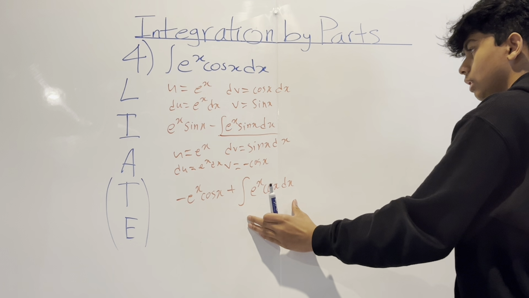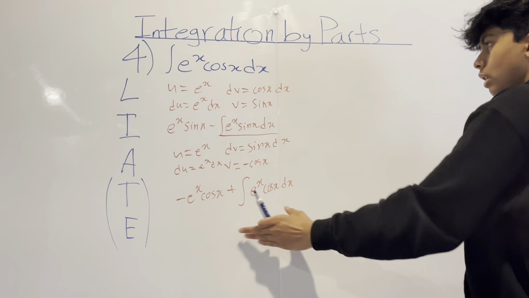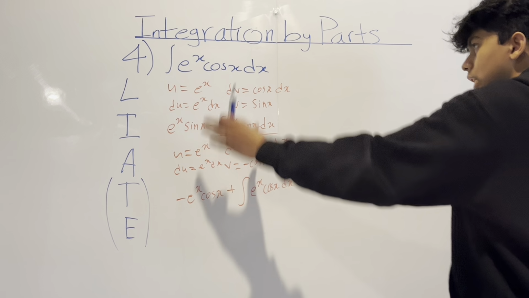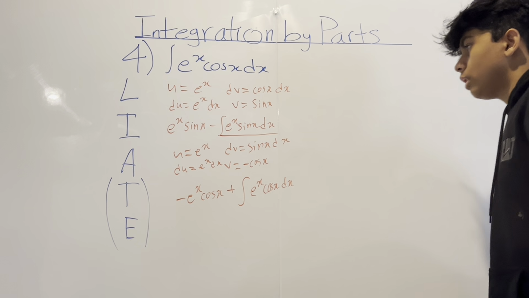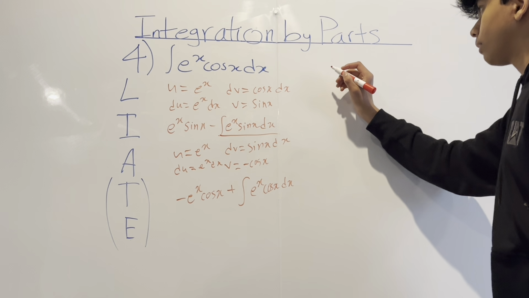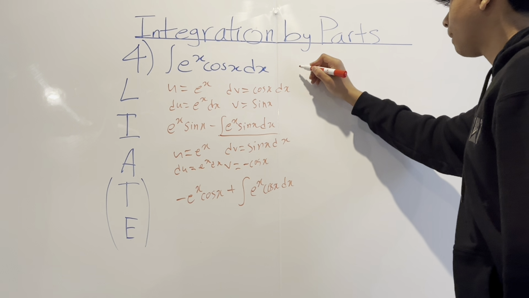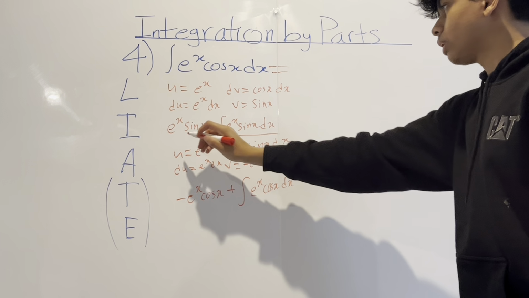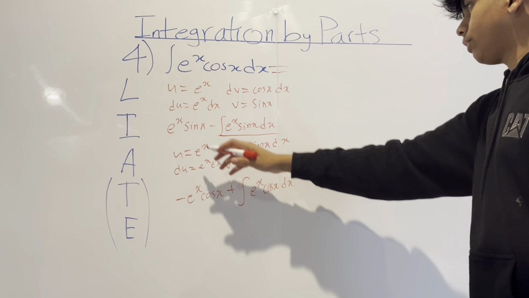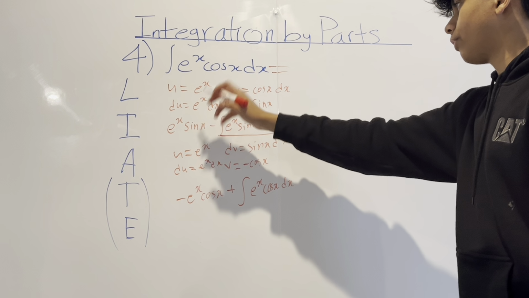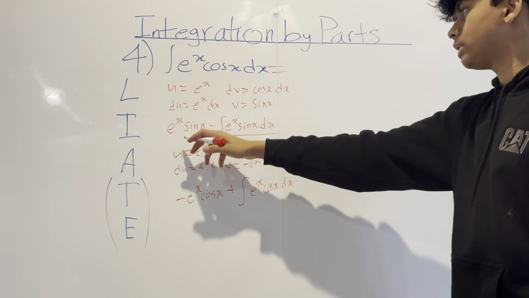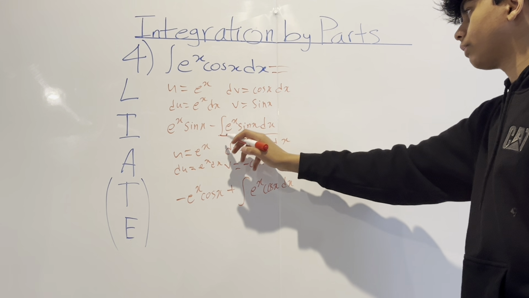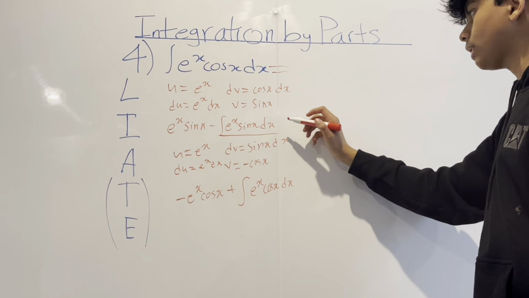So what we do here is all the stuff we've evaluated is equal to the original function. So we're going to say this function is equal to everything we've integrated so far. In our first integration by parts, we got e to the x sine x minus the integral of e to the x sine x dx.